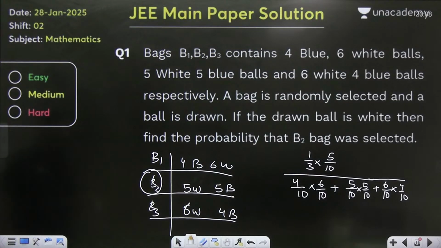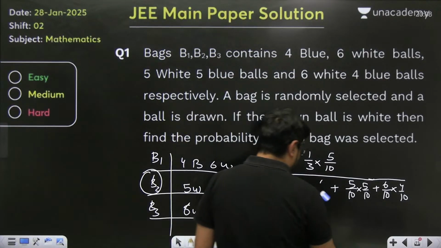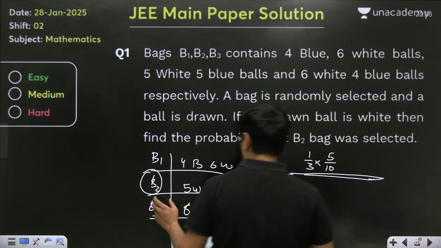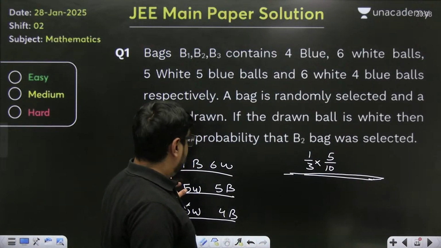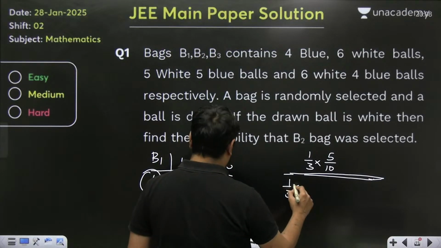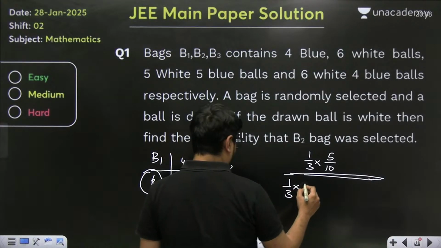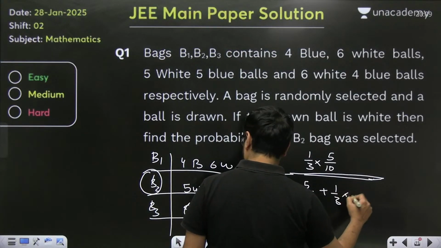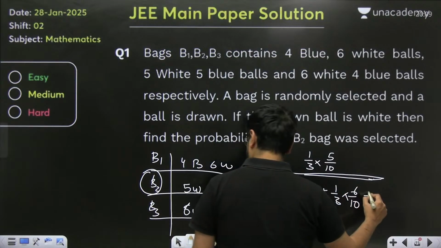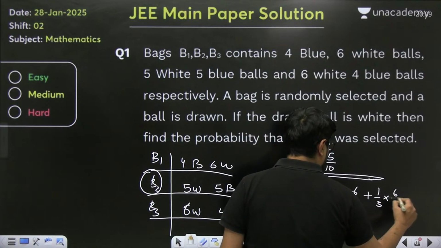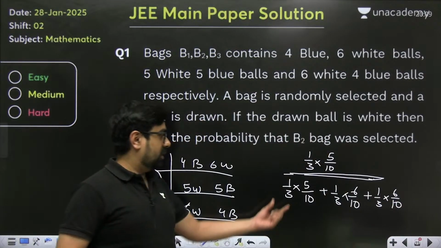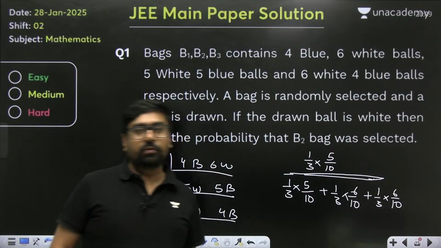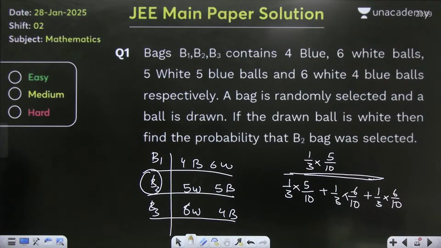Oh, sorry, the denominator we have written incorrectly. It will be the probability of B2 and in B2 white balls. So 1 by 3 into 5 by 10, plus 1 by 3 into 6 by 10, plus 1 by 3 into 5 by 10 in all the three.